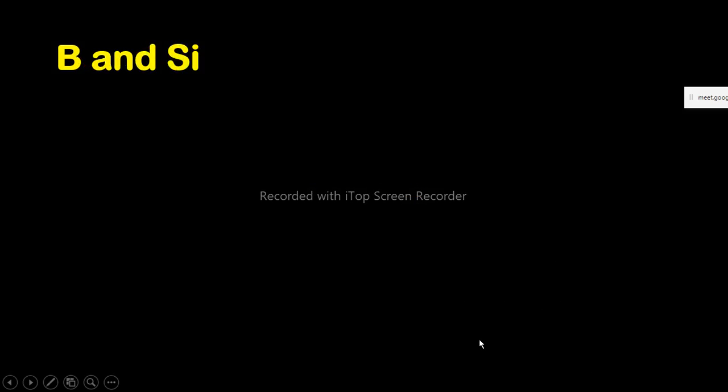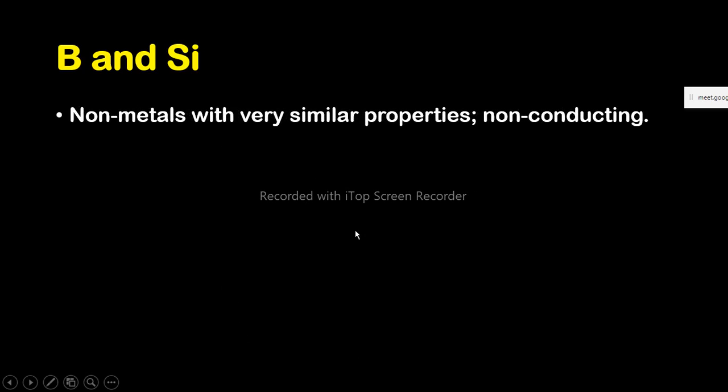So let's talk about boron and silicon. If we have some questions, then we can attend to them. Okay, since there are no questions, we can proceed. Now for boron and silicon, they also show some similarity in their physical and chemical properties.